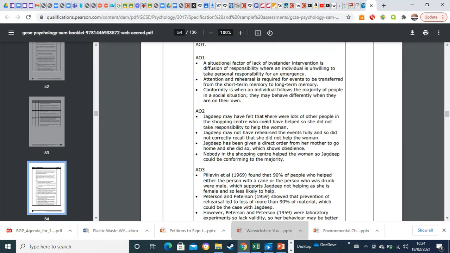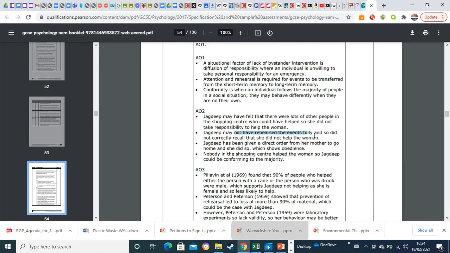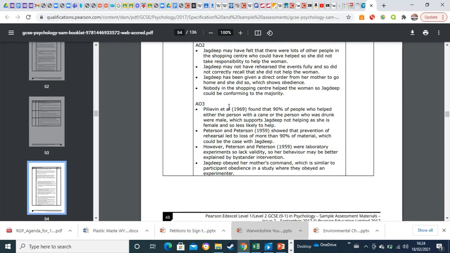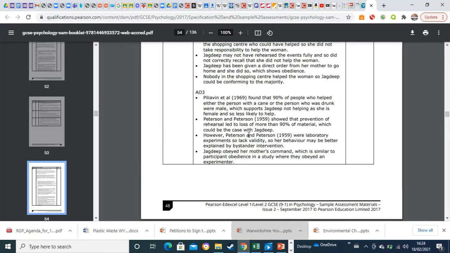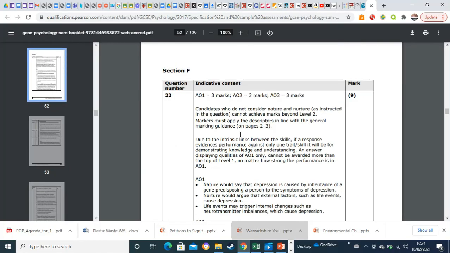So, attention and rehearsal are required for events to be taken from short-term memory to long-term memory. And she may have not rehearsed the events fully, so it's social psychology and it's also cognitive or memory.